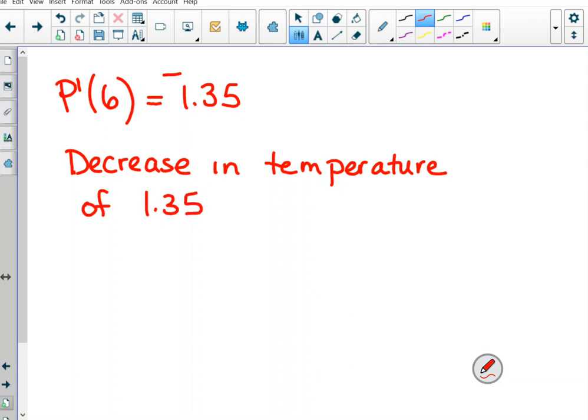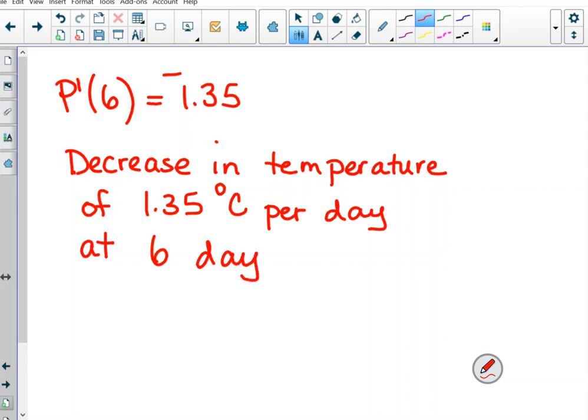When you say decrease, that makes it negative, so you don't write another negative down. The decrease takes the negative into account. The decrease in temperature is 1.35 degrees Celsius per day at, at 6 what? At 6 days. At the 6th day, or at 6 days, or day 6, or on the 6th day.